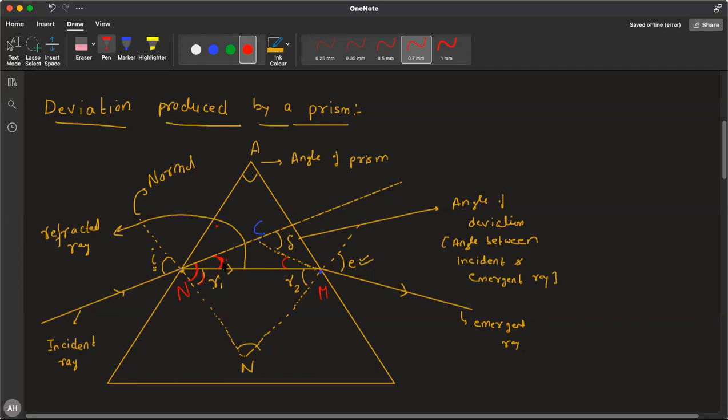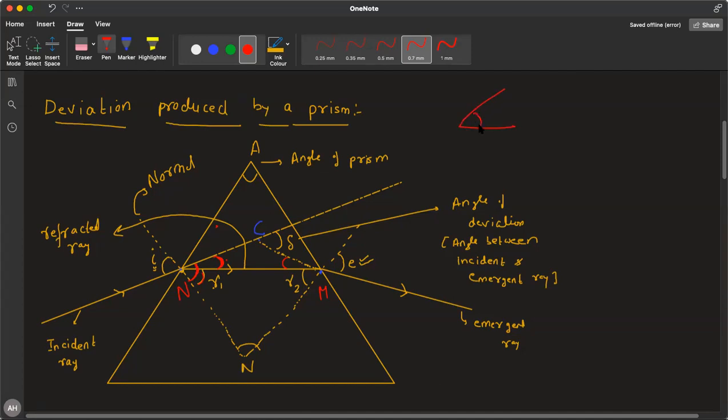Then how much is this? This is also R1. No, this whole is I. This is R1. Then this leftover angle would be I minus R1. See, this whole is I. So I'm drawing it here also.